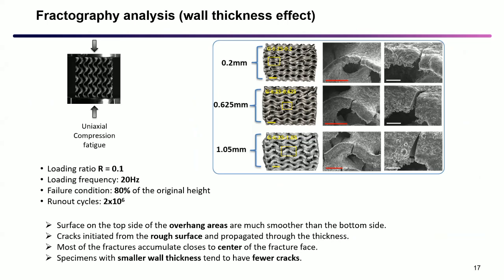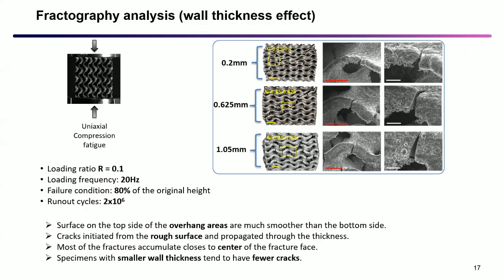As we can see from the image here, the surface on the top right of the overhang areas is much smoother compared to the bottom side because of the fabrication orientations. And for the areas with the rough surface, normally they have excessive powders left.